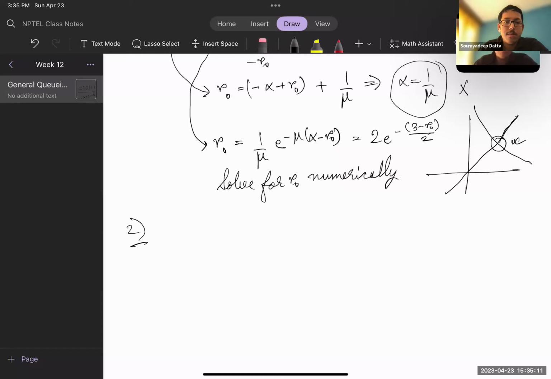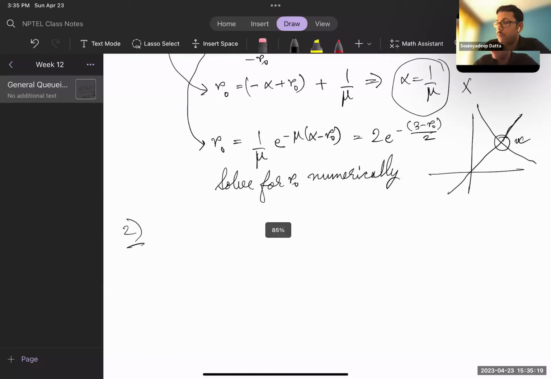The first conceptual question is about the distribution of the delay that a user experiences in the queue or in the line.